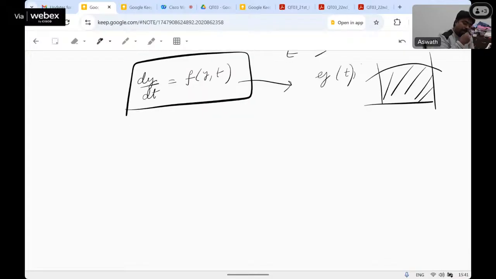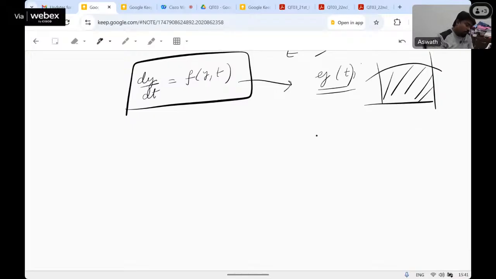Or if I am not able to find y of t, I have to somehow get the expression for y of t, then find the corresponding curve, and then find the area under the curve.